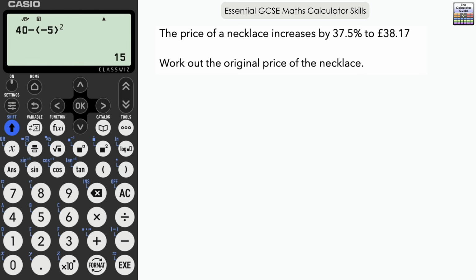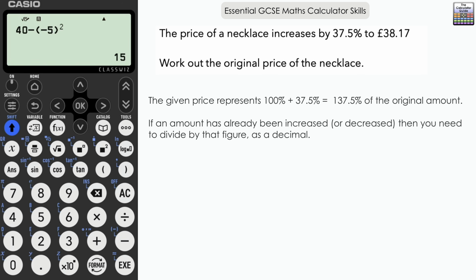The starting percentage would be 100%, plus it increases by 37.5%, which makes a total of 137.5%. The price that we have there, £38.17, represents 137.5% of the original price.